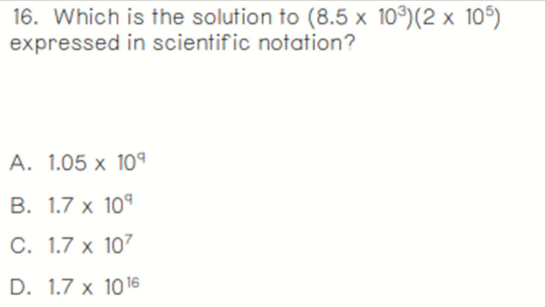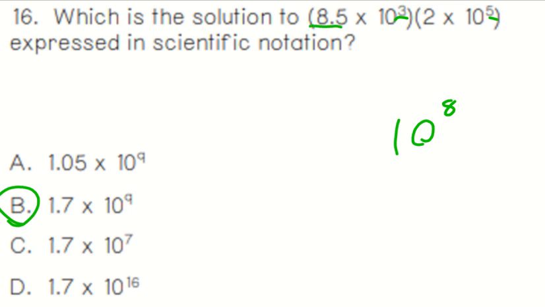Yeah, 1.7 times 10 to the ninth is correct. So even without Desmos, when we're multiplying, we would add exponents. So I've got 10 to the third, 10 to the fifth. That makes 10 to the eighth power. Notice that's not the answer. It's not even one of the answer choices.